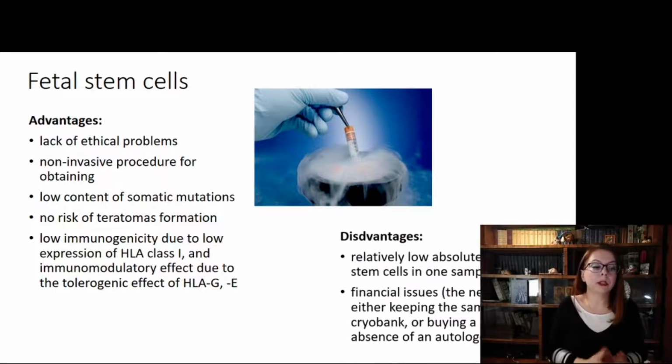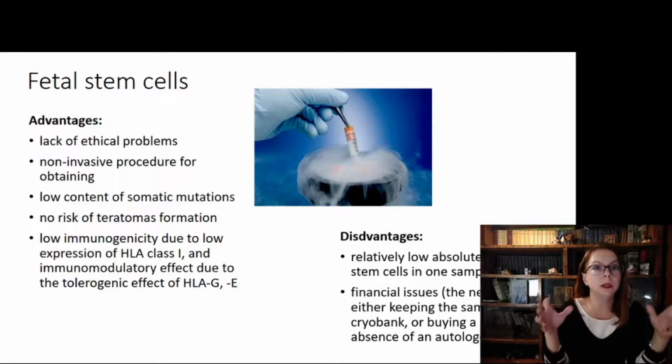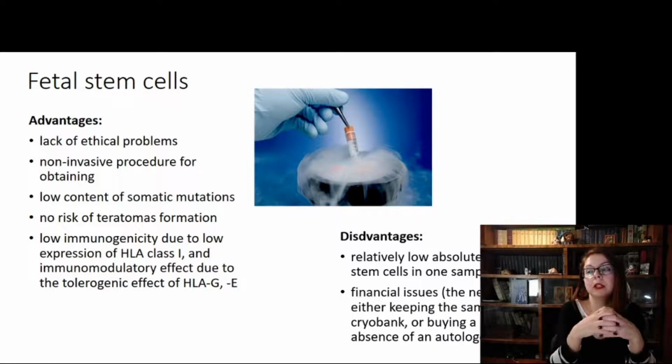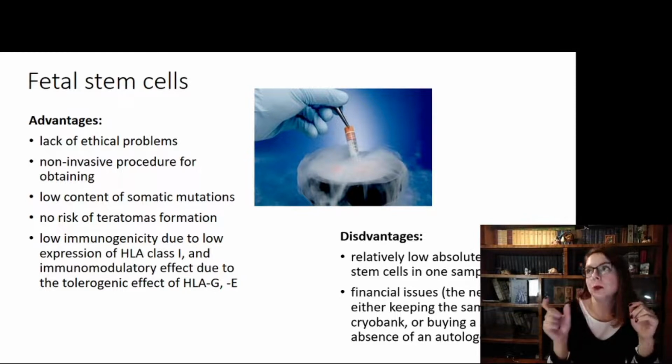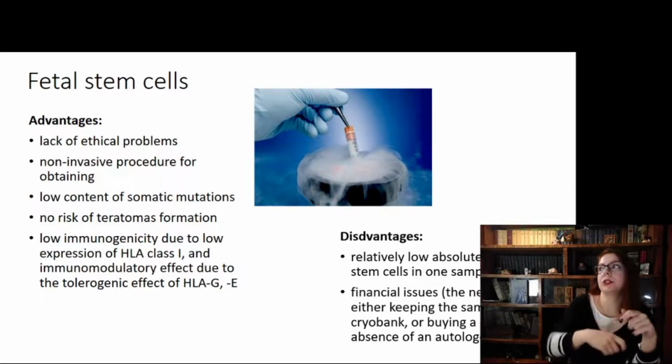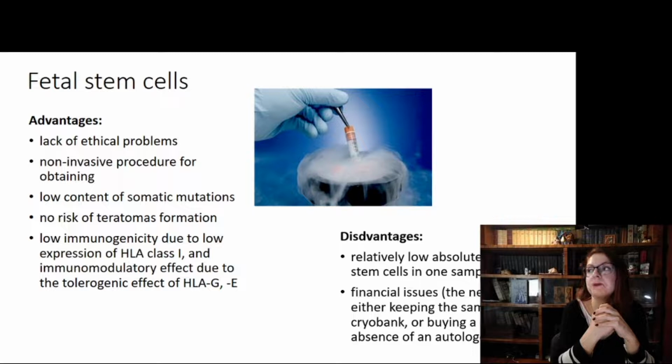Okay, but some disadvantages also should be mentioned. First of all, the relatively low amount of stem cells in one sample. If we collect the umbilical cord blood, for example, nearly 100 milliliters could be obtained. And despite a relatively high content of stem cells compared with adult blood, in any way, 100 milliliters is a very small portion if it is transfused to adults.